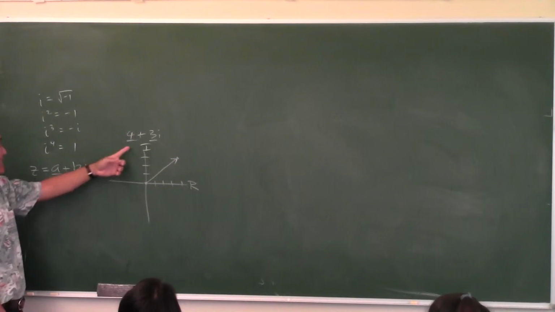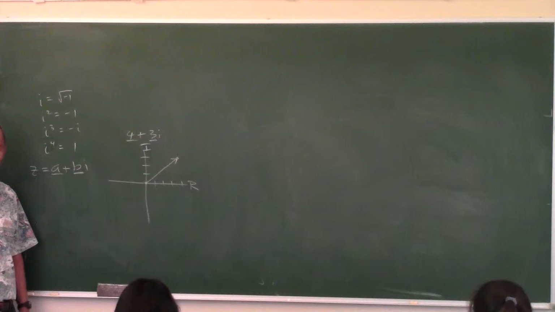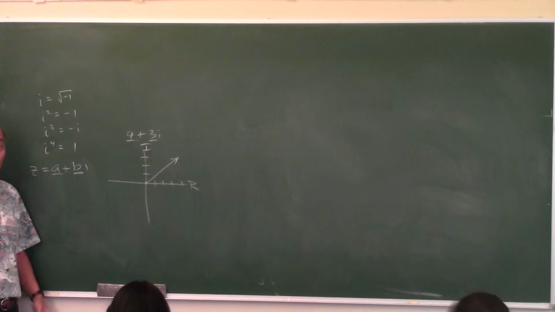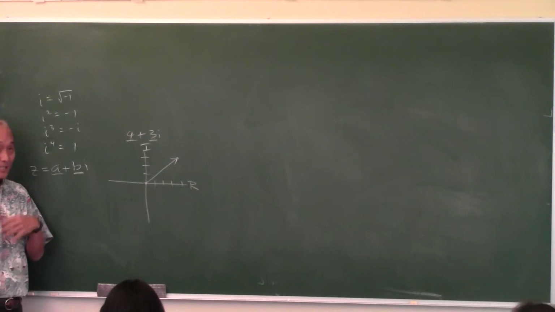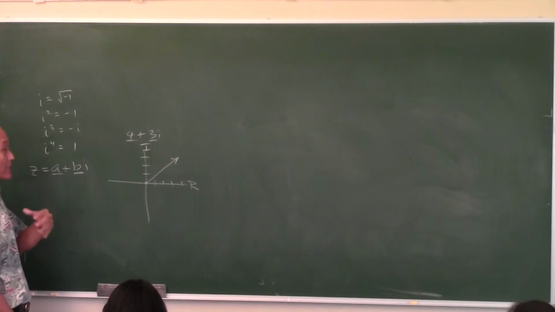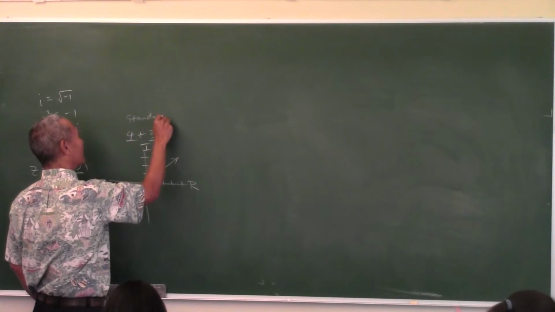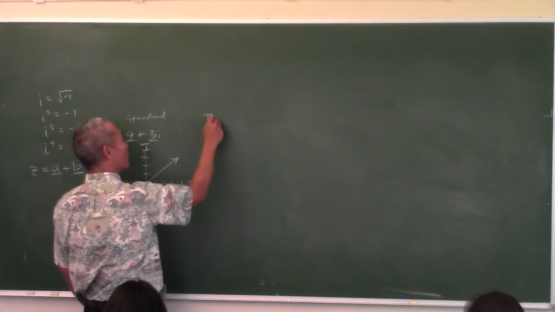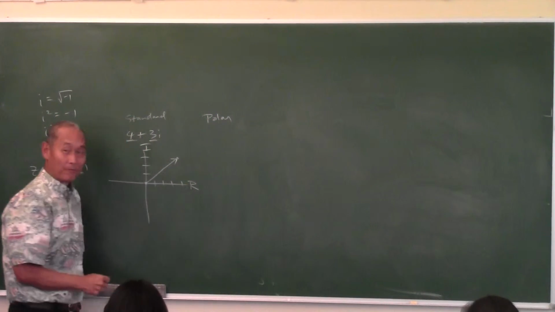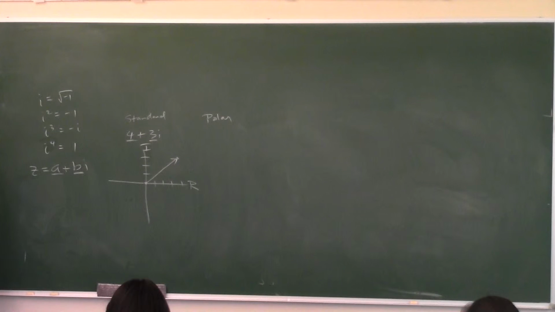Now, is this the only way to write a complex number, in the form a plus bi? Well, that's all you know right now. But since we're studying polar coordinates, there is another form. This is called standard form. Today we're going to learn the polar form of a complex number.